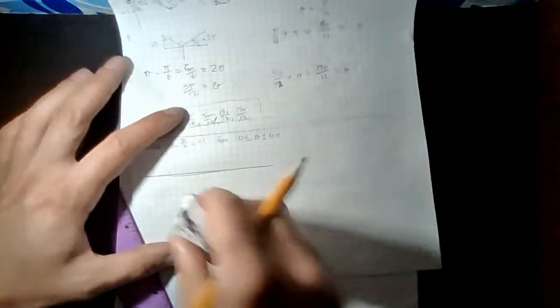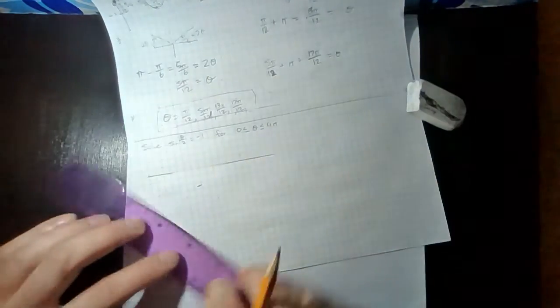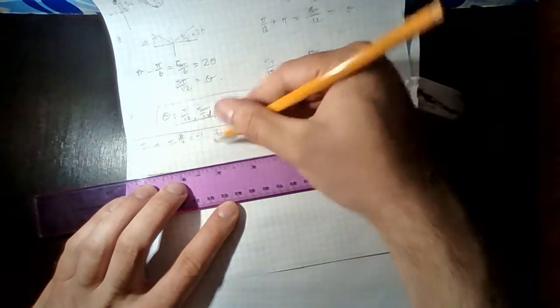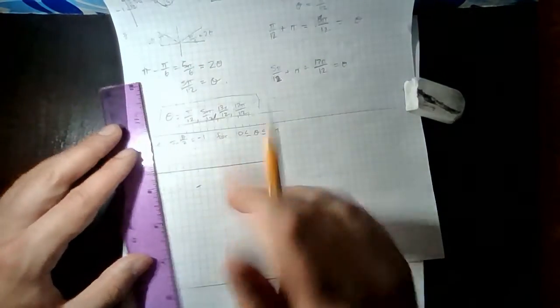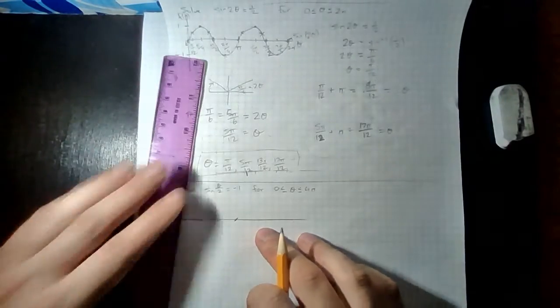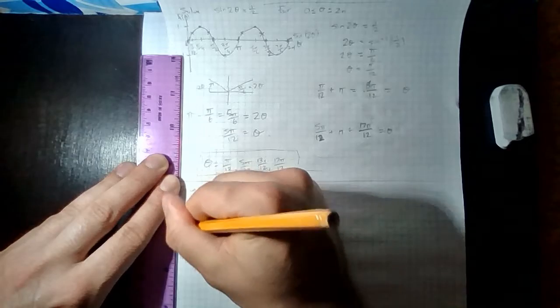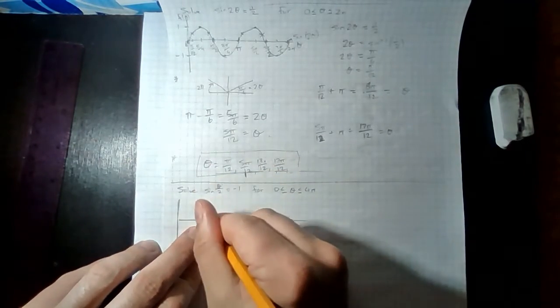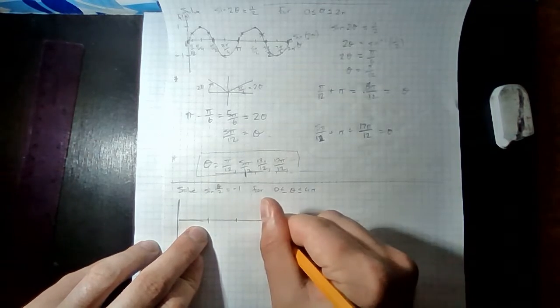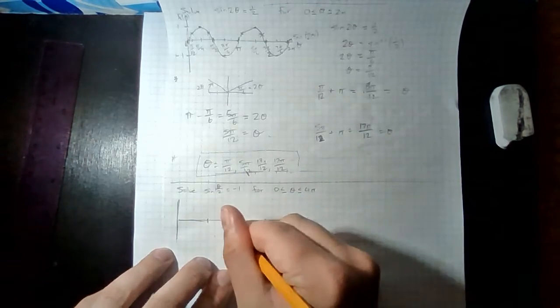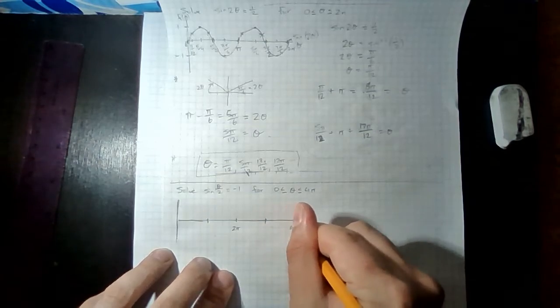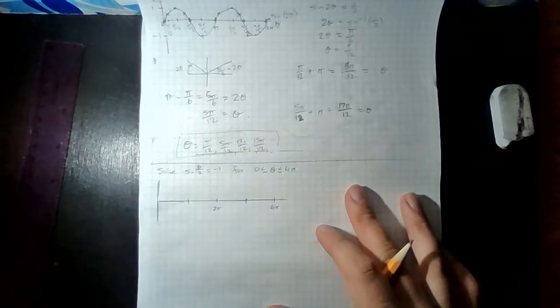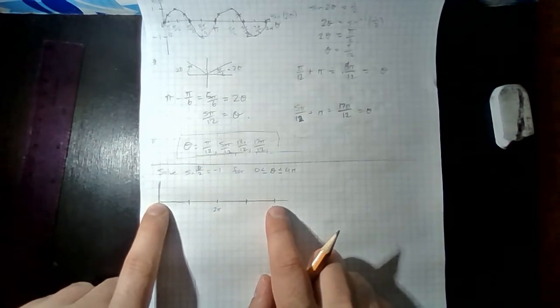If we draw our function from 0 to 4 pi, we're stretching it by a factor of 2, so it's going to take 4 pi to complete one cycle.